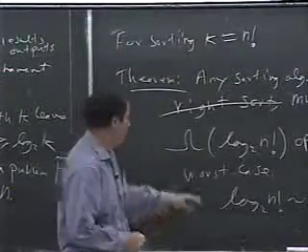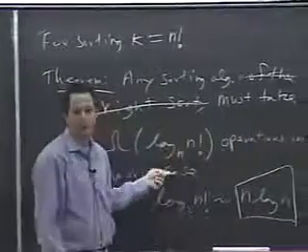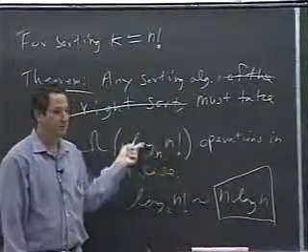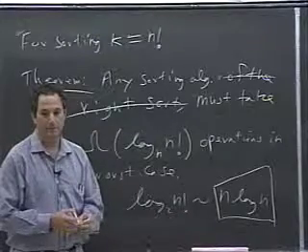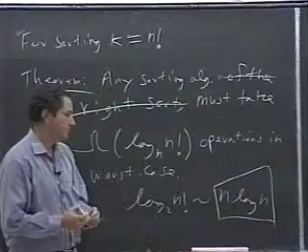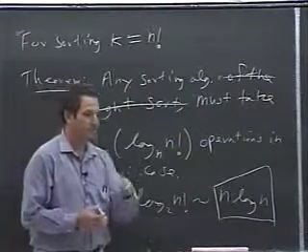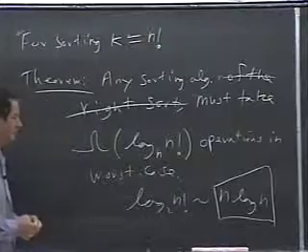So what happens is this becomes a log n of n factorial. And what is log n of n factorial? It's what? It's about n. Some of the logs.